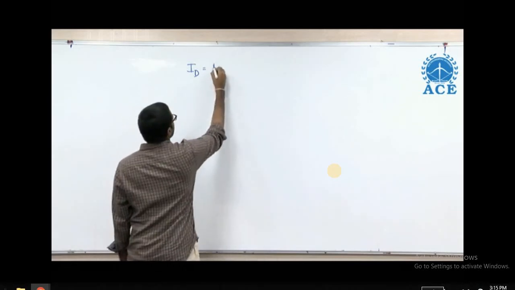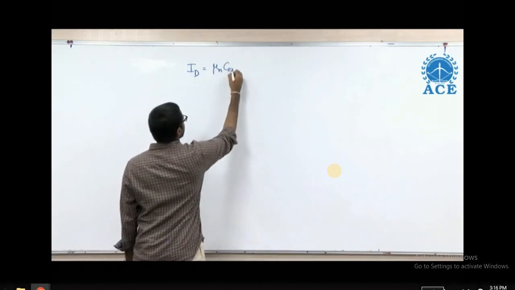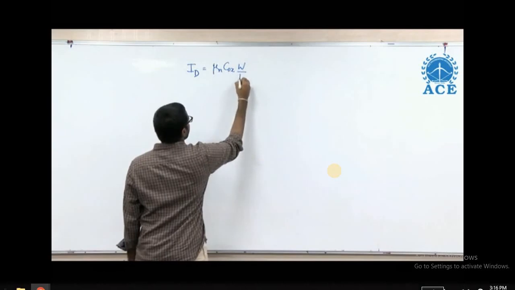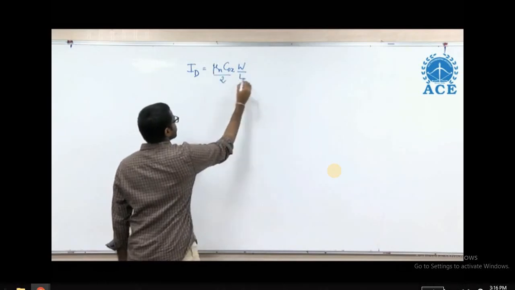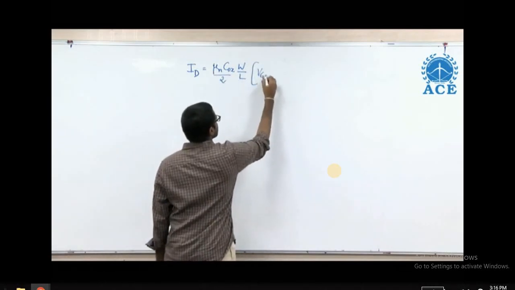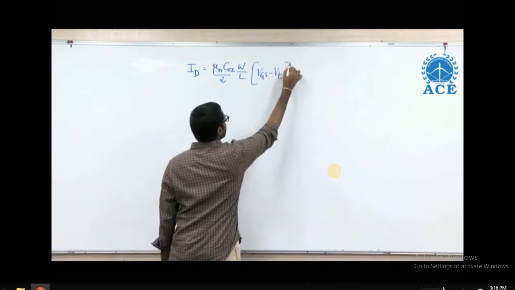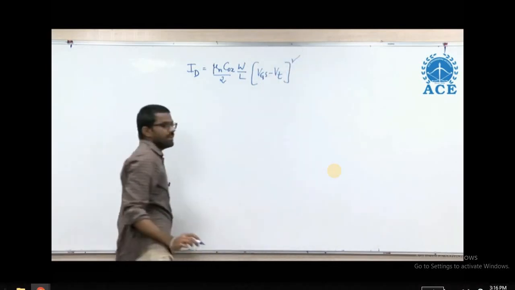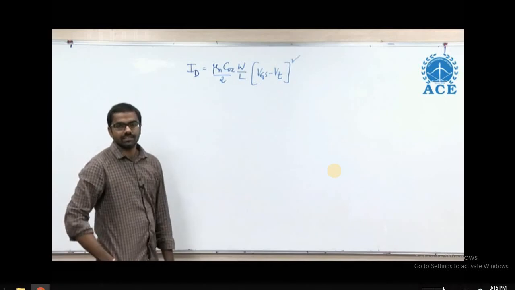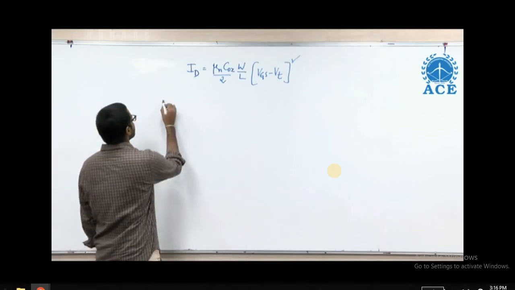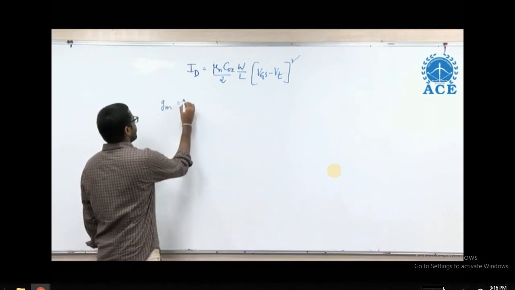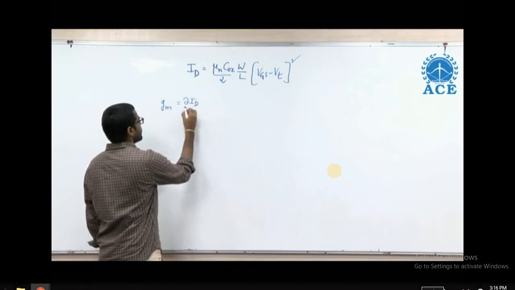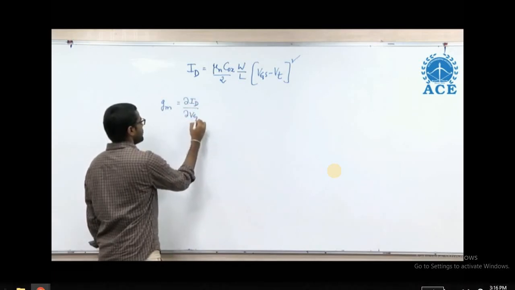That is nothing but mu n Cox W by L divided by 2 into VGS minus VT whole square. They have asked us to find the transconductance parameter. Transconductance can be defined as variation in drain current with respect to VGS.